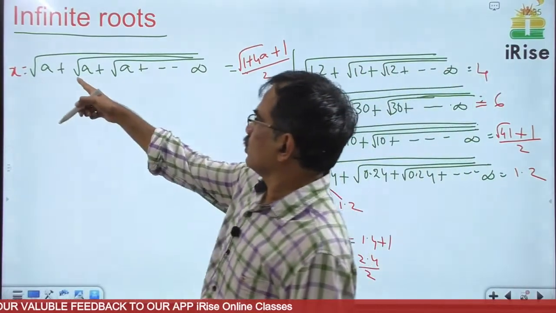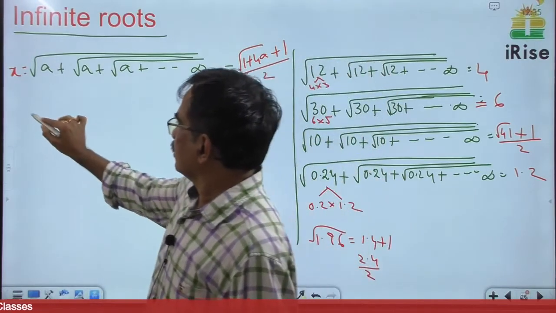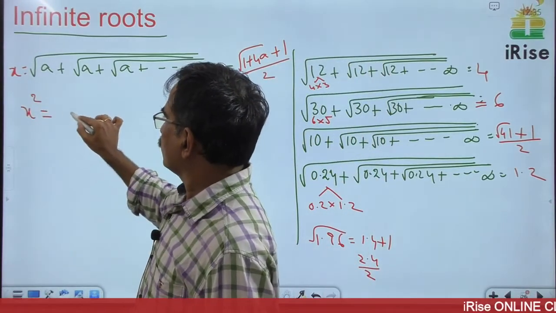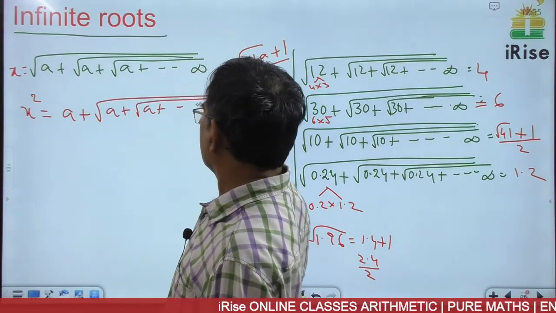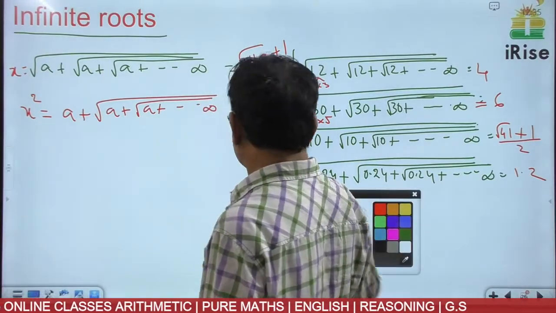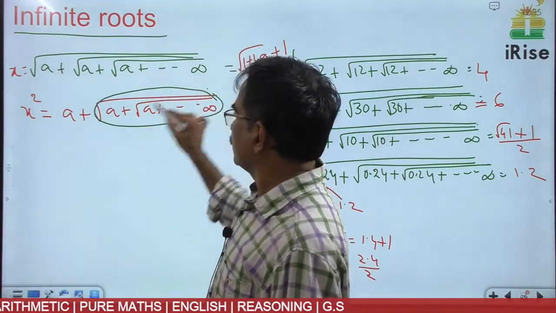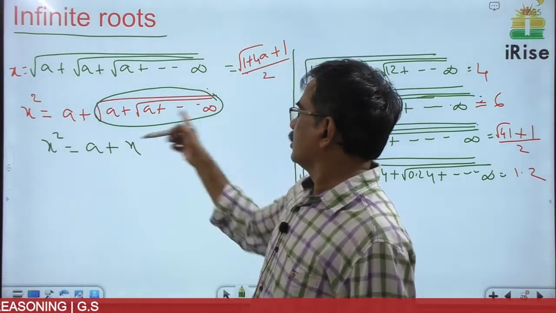If x is equal to root of a plus, and so on up to infinity, then x square is equal to a plus root of a plus root of a plus root of a plus, and so on up to infinity. This is again considered as x. So x square is equal to a plus x.